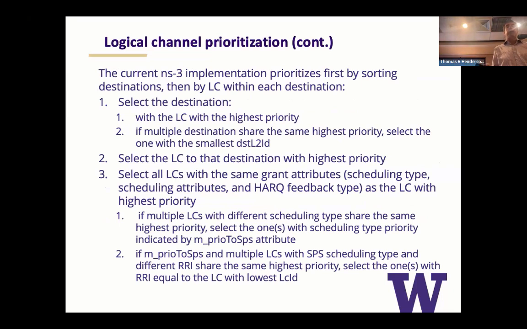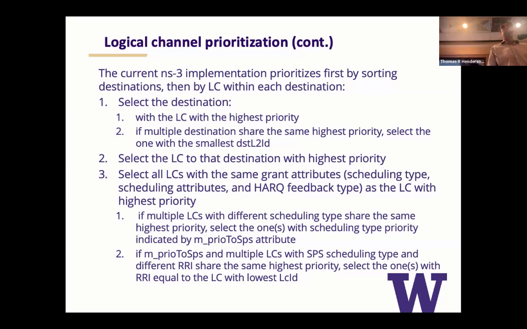The current implementation will sort destinations, and then within each destination, because that's how the data structures are organized in the current scheduler, it will select and sort by logical channels according to the priority and some additional heuristics. First, it'll go through and look at all the destinations, and find the destination that has the logical channel with the highest priority to be scheduled.